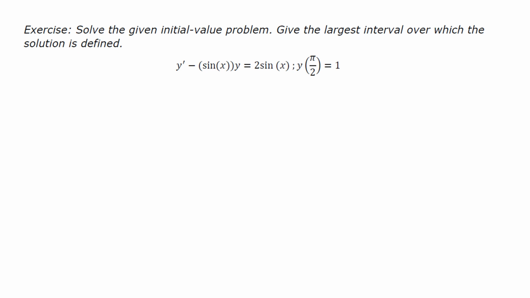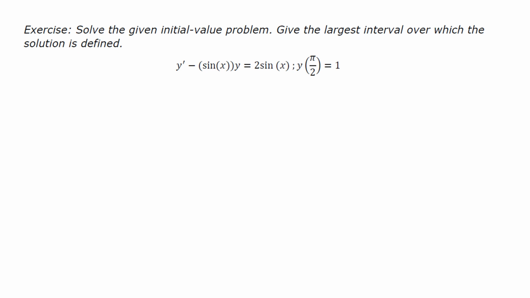Okay, our last exercise. Again, we're given an initial value problem, and we're asked to give the largest interval over which the solution is defined. This is a trig-based differential equation, but the process is still the same. So let's do it.